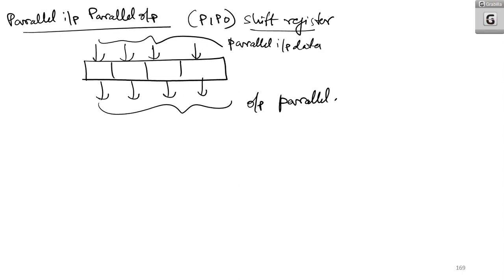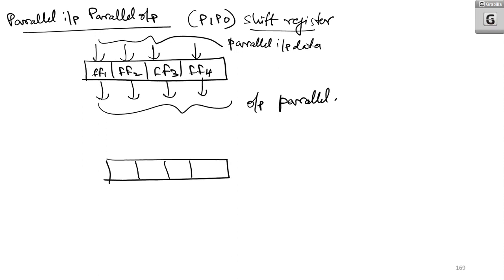Now, how is that happening? That is the next question. There is no transfer of data from flip-flop number 1 to flip-flop number 2. There is no transmission like that. From flip-flop number 1 to flip-flop number 2, there is no transmission of data. Now let us see how it is happening.